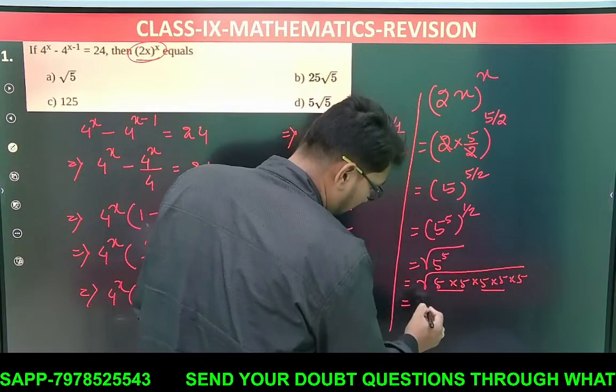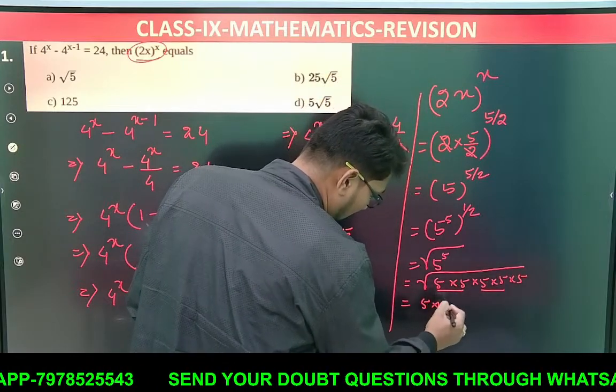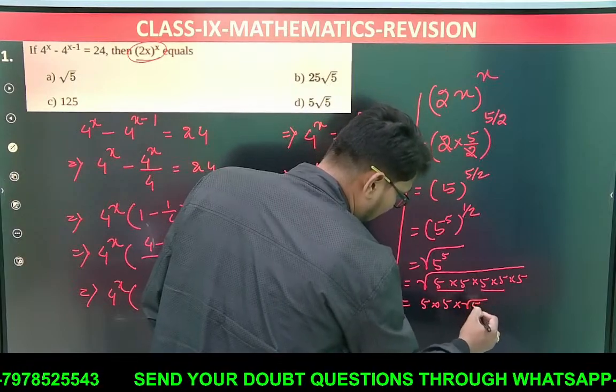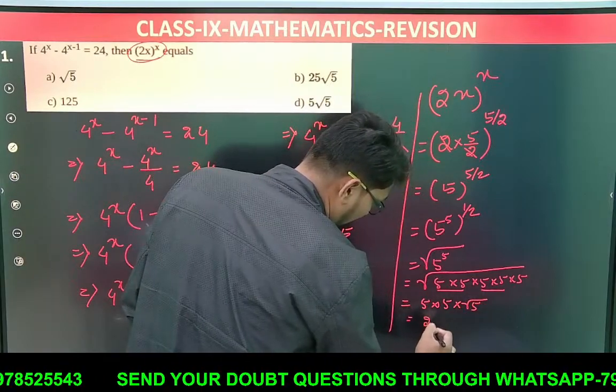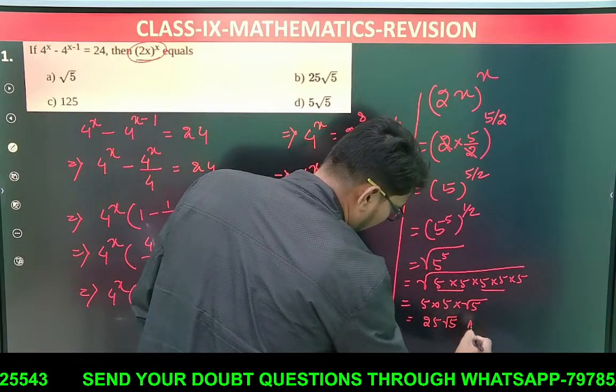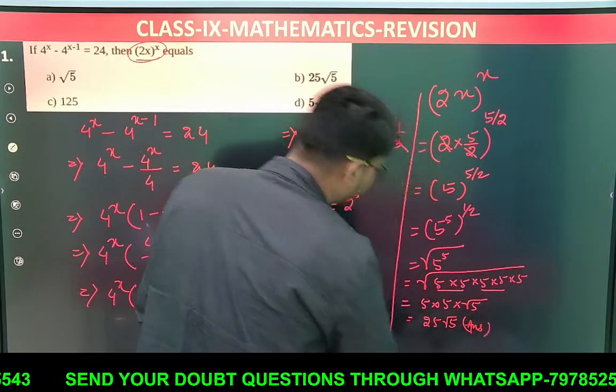From each pair we have to take one factor, 5 into 5, and what is not in paired form, we have to keep like that. So it will become 25 into root 5, which is the final answer.